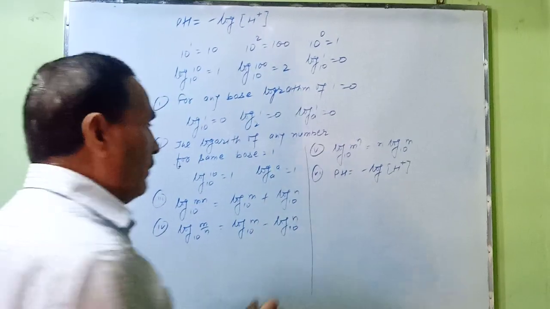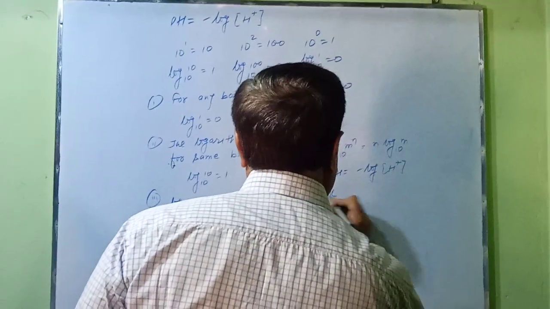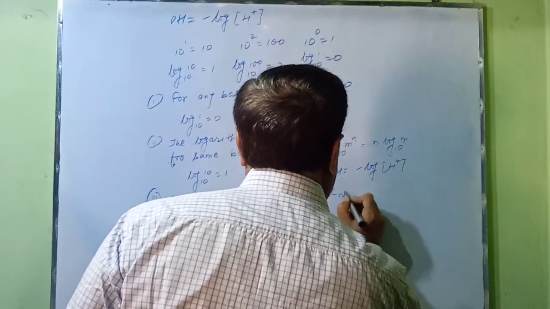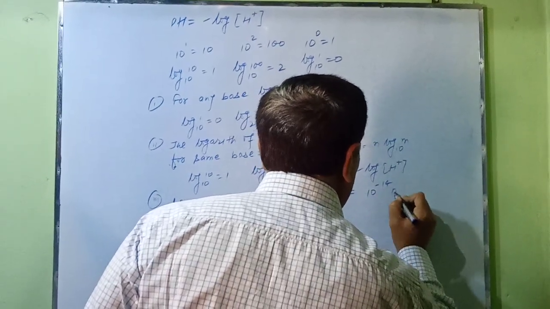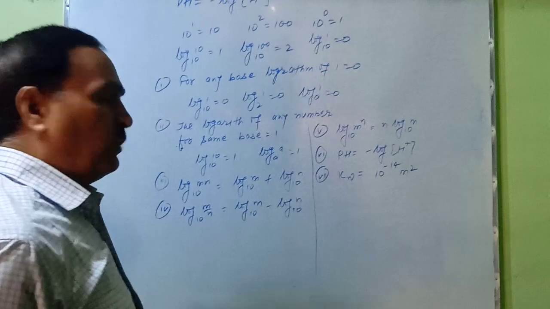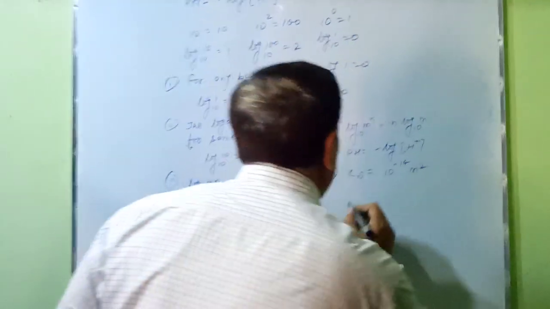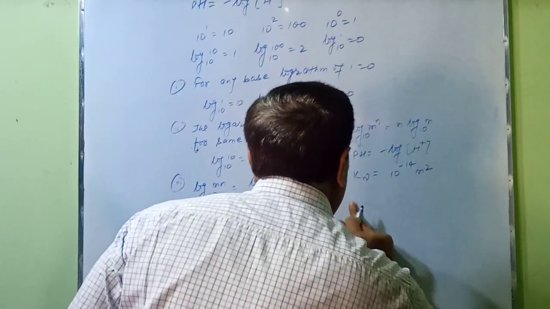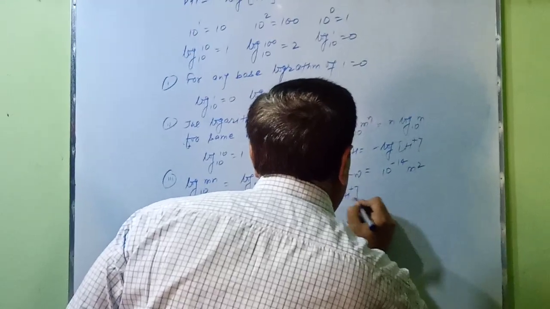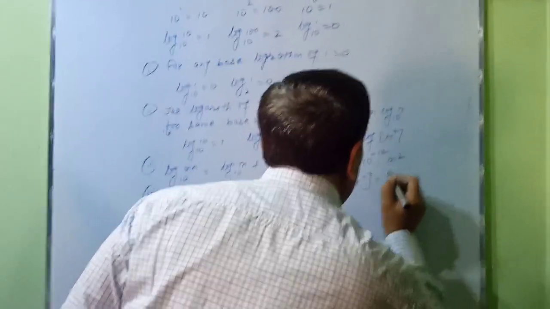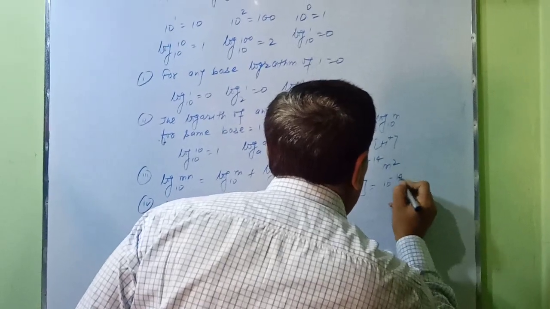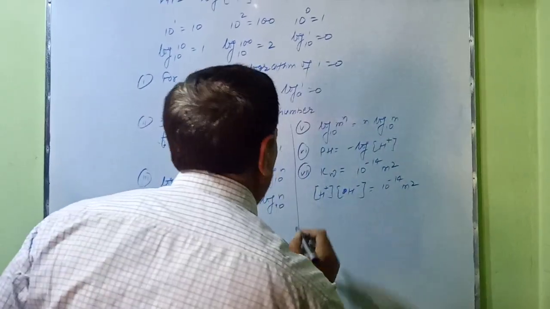Ionic product of water, Kw is equal to 10 to power minus 14 molarity square. So the concentration of hydrogen ion into concentration of hydroxide ion is equal to 10 to power minus 14 molarity square.